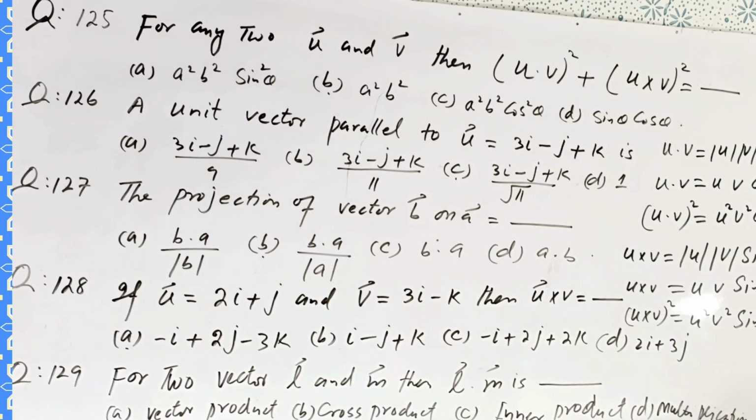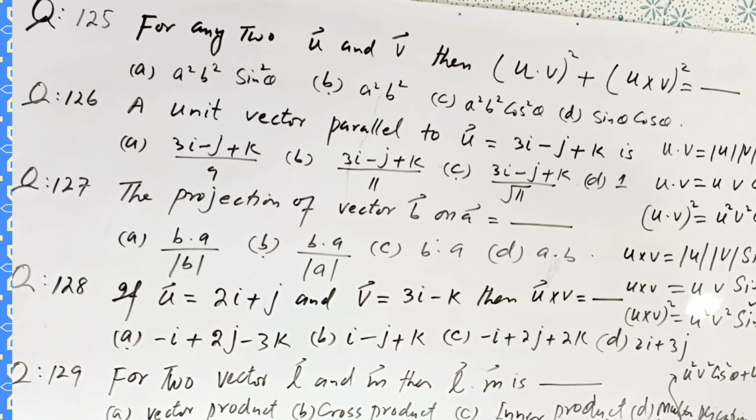Now, according to the question, we add these results: (u dot v) squared plus (u cross v) squared is equal to u squared v squared cos squared theta plus u squared v squared sine squared theta.